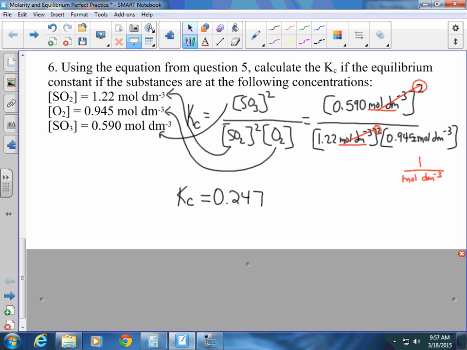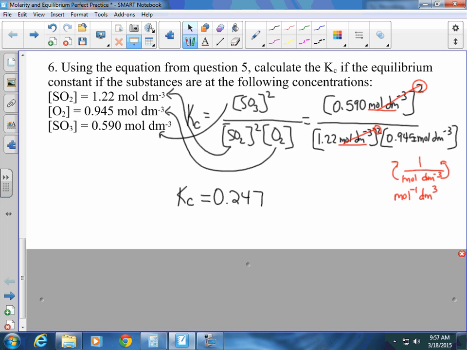Now, if you remember from your algebra class, if I wanted to undo this fraction so it's all on one line, I can pull these variables to the top, but I have to change the sign of their exponents. So moles become raised to the -1 power, and then decimeters cubed are just cubed. They're no longer a negative exponent.